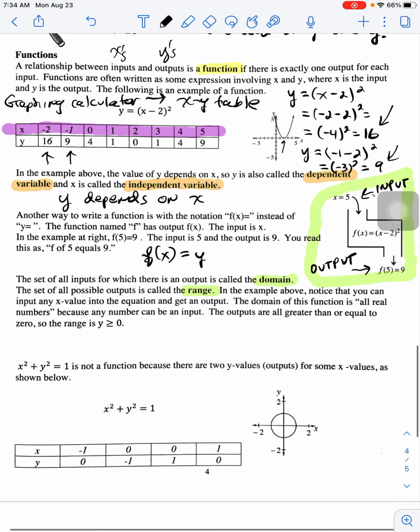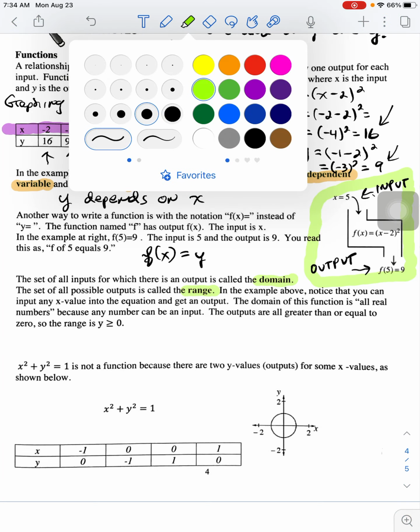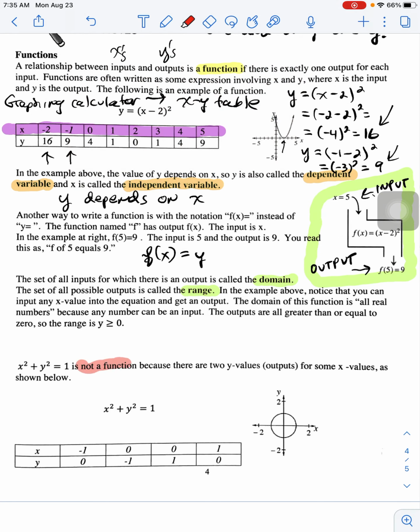Which brings us down to this thing. x squared plus y squared equals 1, which is the most basic equation of a circle, is not a function because there are two y values, outputs, for some x values as shown below.